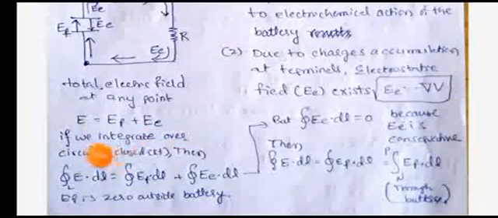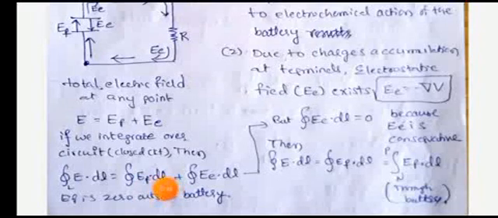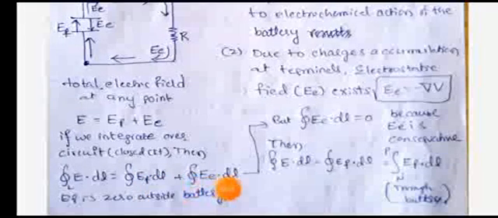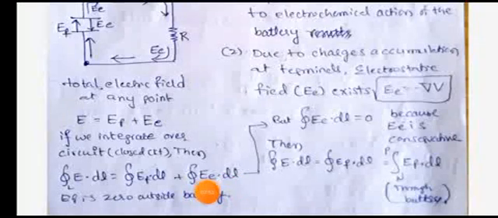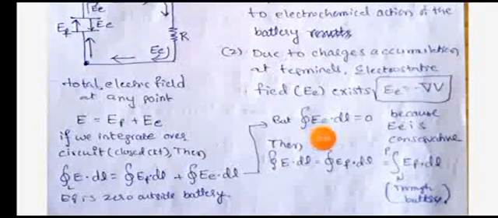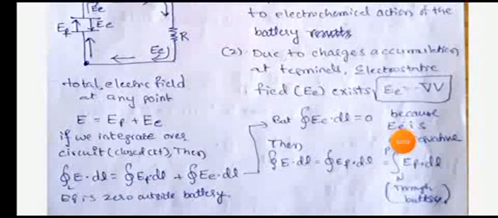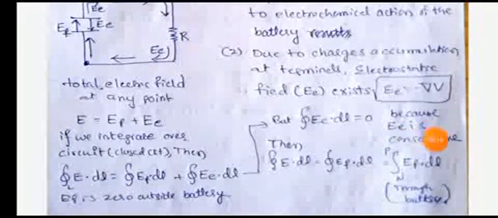If we integrate over the closed circuit, the closed integral of E dot dl equals the closed integral of EF dot dl plus the closed integral of EE dot dl. The closed integral of EE dot dl becomes 0 because the electric field due to electric charges is conservative.